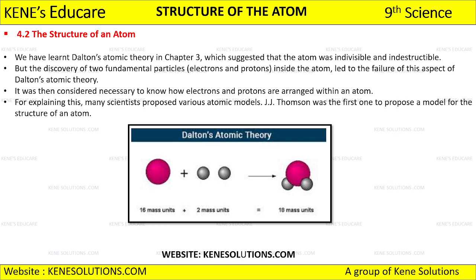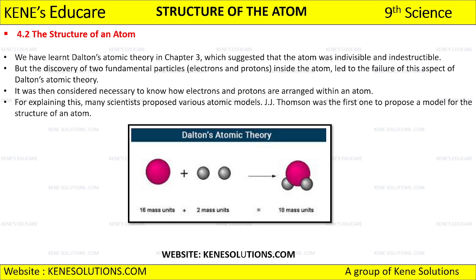Everyone was behind coming up with some model so that they could explain how exactly the structure of atoms is. J.J. Thomson became the first one to propose a model for the structure of an atom. So J.J. Thomson's model was the first model proposed to explain the structure of atoms.